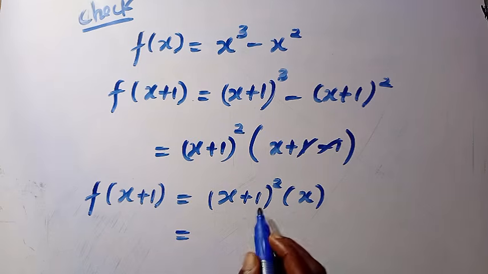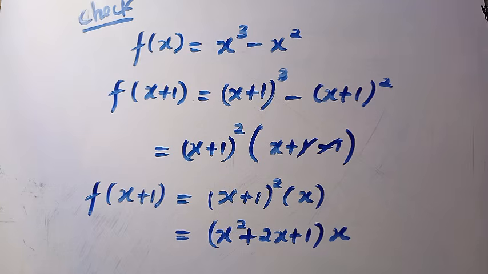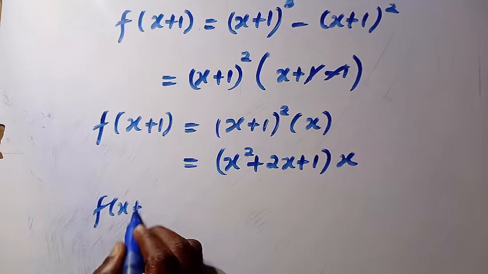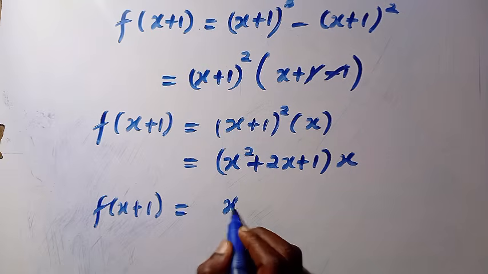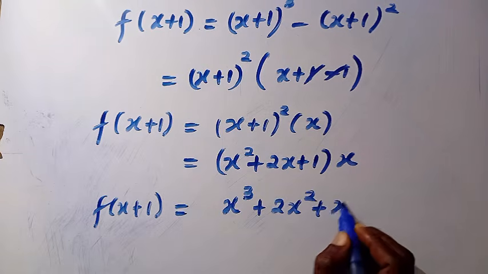Then we expand x plus 1 squared. This gives us x squared plus 2x plus 1, then multiplied by x. So f of x plus 1 equals x raised to the power 3 plus 2x squared plus x.